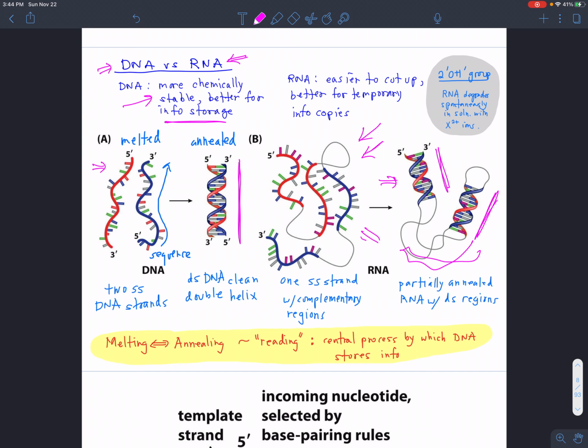RNA is much easier to degrade chemically, which is what you want if you want a temporary copy, right? If this is a messenger RNA that is going to be transcribed by ribosomes, then you don't want it living too long because it's making proteins all the time. You want to be able to control that, so you want to be able to chew it up. So RNA is deliberately less stable and easier to degrade than the DNA.